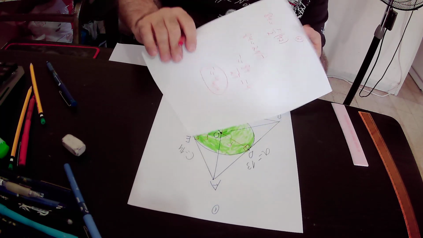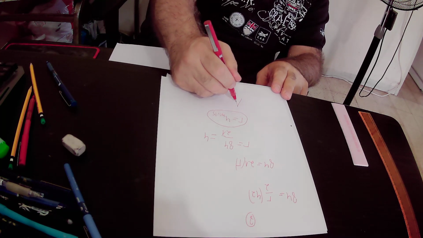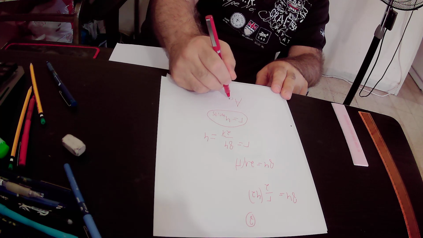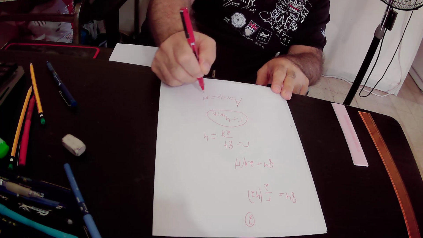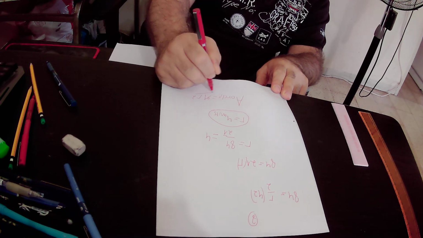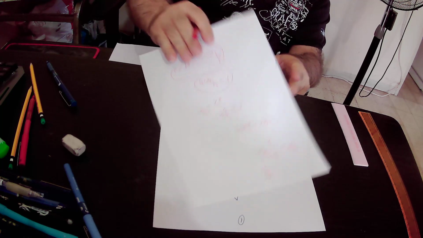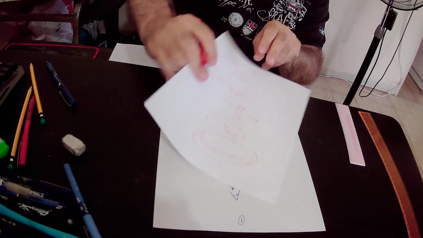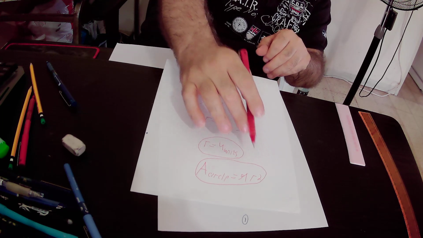But we know that the area of any circle, the formula for the area of any circle, equals pi times the radius of that circle squared. Okay, this is the formula for the area of any circle, pi times the radius of the circle squared.